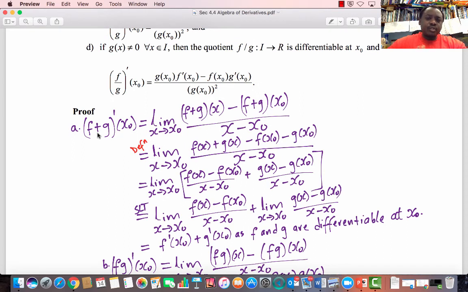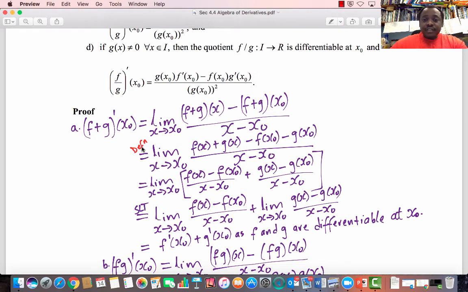A, we want to prove that the derivative of the sum equals the sum of the derivatives. Again, you have to prove from first principle or using definition. f plus g prime at x naught is the limit as x approaches x naught of f plus g of x minus f plus g of x naught divided by x minus x naught.